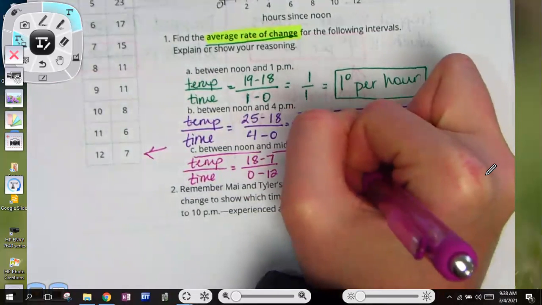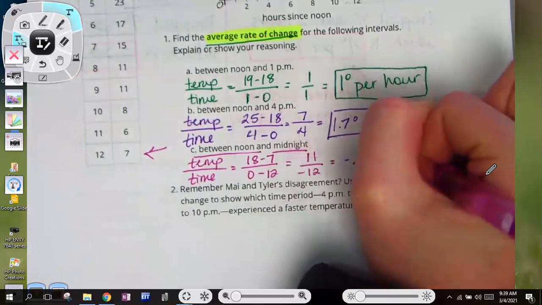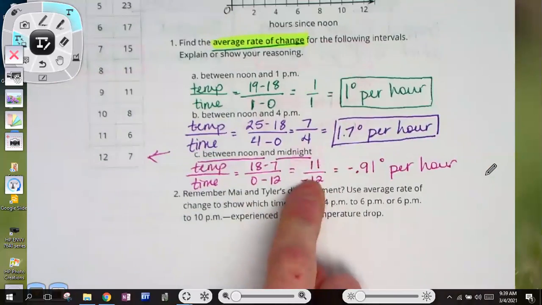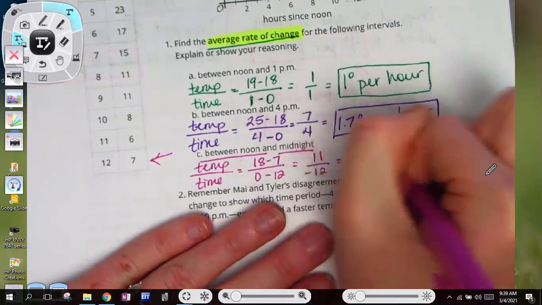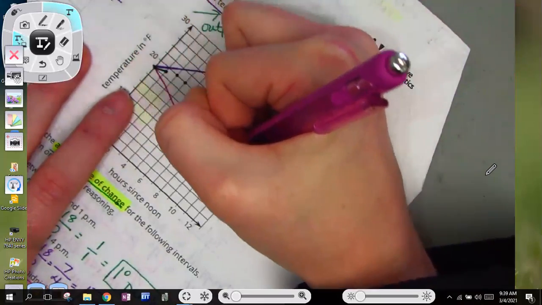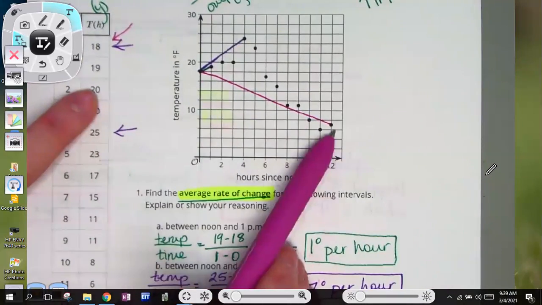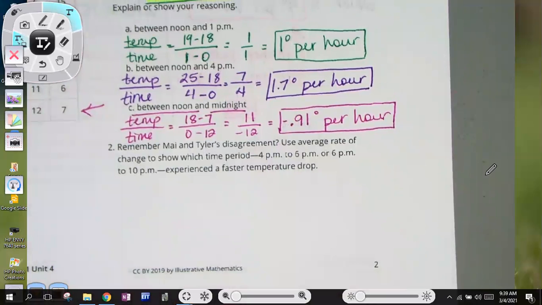Negative 0.91 degrees per hour, or you could have left it as a fraction. But this time my average rate of change is negative. Let's look at those 2 points between noon and midnight. What is my line doing? It's decreasing by 0.91 per hour.